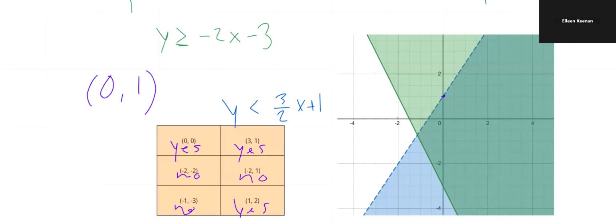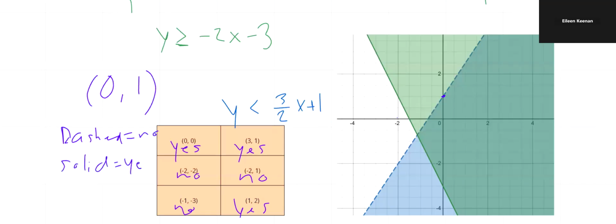If they ask you about a point that's on the line, whether it's part of the solution or not will depend on if it's a solid line or a dashed line. If it's a dashed line, the answer is no. If it's a solid line, then the answer is yes.